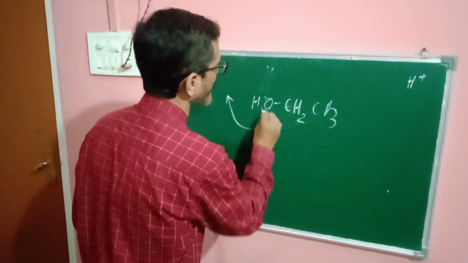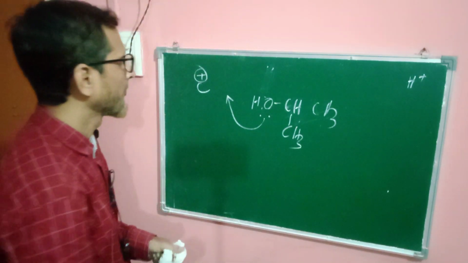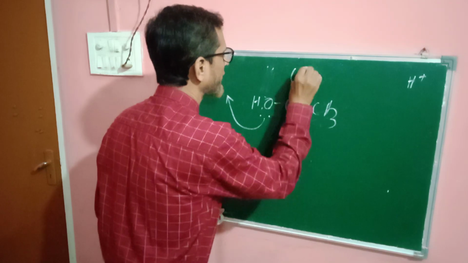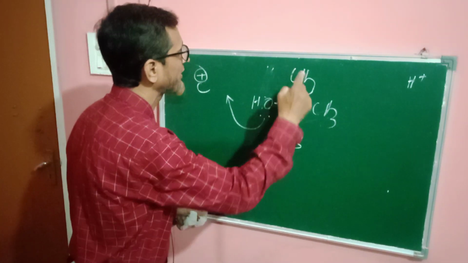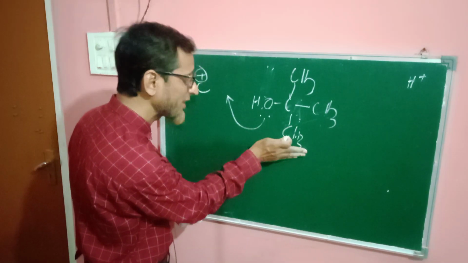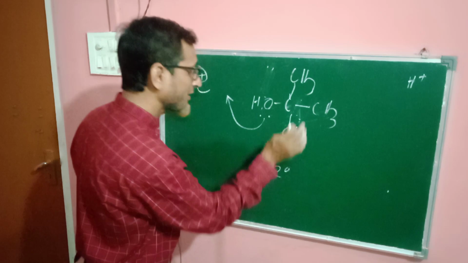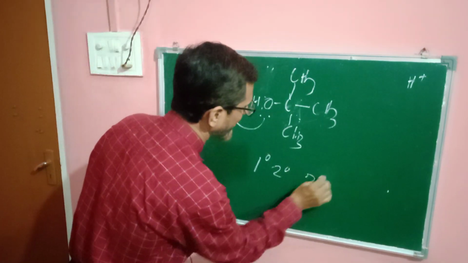If you make it CH3, again if you make it CH3, wherever you are increasing CH3, the first one is 1 degree, the second one, when you replace one hydrogen by CH3, is 2 degree, and the third one, when we replace another hydrogen by CH3, is 3 degree.